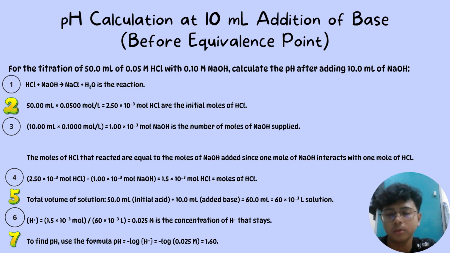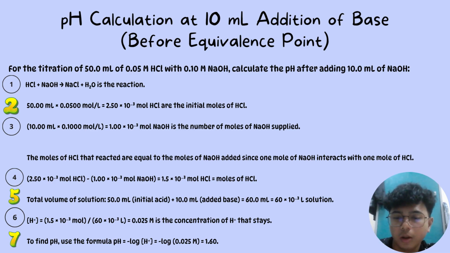For step 4, we use the formula initial minus excess hydrochloric acid. So 2.50 × 10^-3 mole hydrochloric acid minus 1.00 × 10^-3 mole sodium hydroxide equals 1.5 × 10^-3 mole hydrochloric acid.